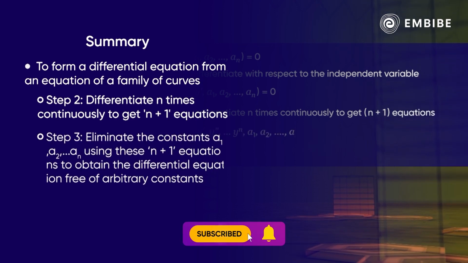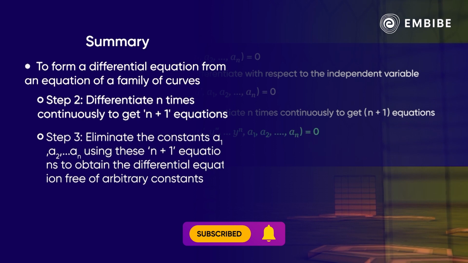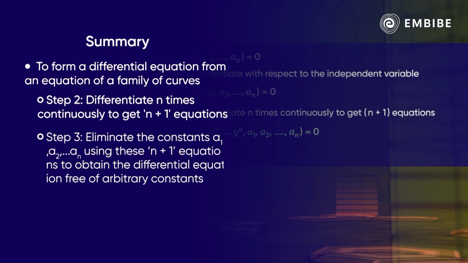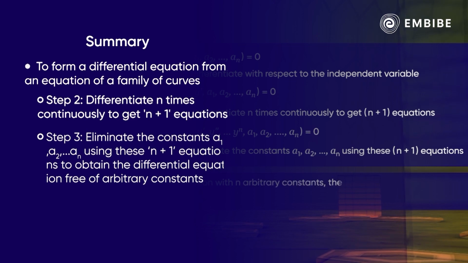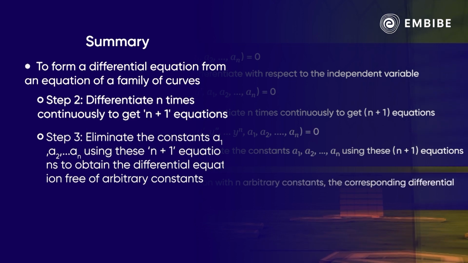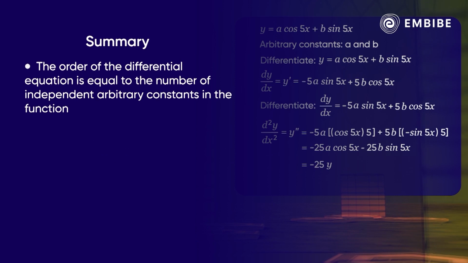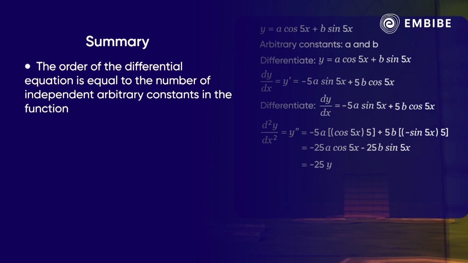Now eliminate the constants a1, a2 up to an using these n plus 1 equations to obtain the differential equation free of arbitrary constants. We've also learnt that the order of the differential equation is equal to the number of independent arbitrary constants in the given function and is derived from these constants itself.